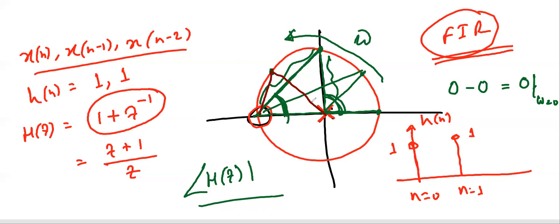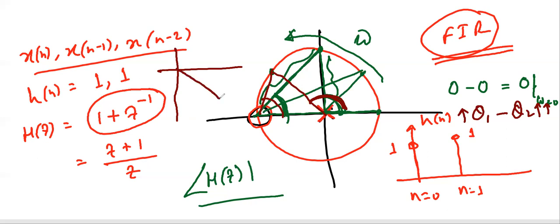Whatever the case, this is increasing, this is also increasing, but the increment rate of this is higher. That means if I have theta 1 from the 0 location and theta 2 from the pole location, both are increasing, but theta 2 is increasing more. That's why the overall phase of this system is decreasing linearly.